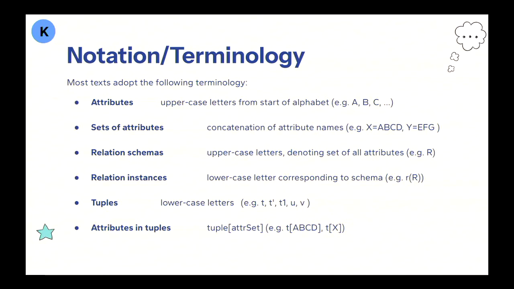For attributes in tuples, we use square brackets to indicate the set of attributes inside a particular tuple. For example, t[A, B, C, D] means the set of attributes A, B, C, and D inside the tuple t.